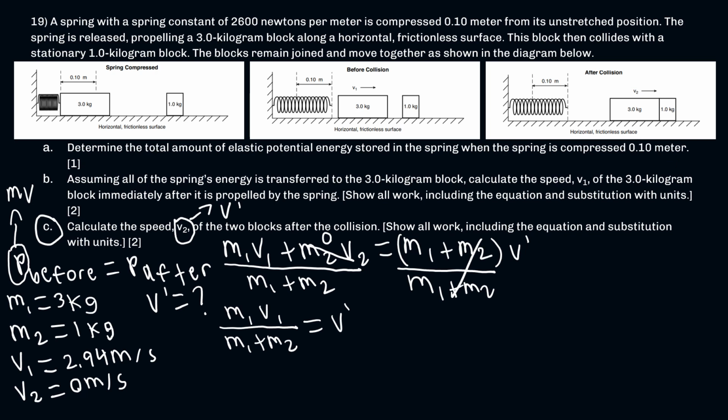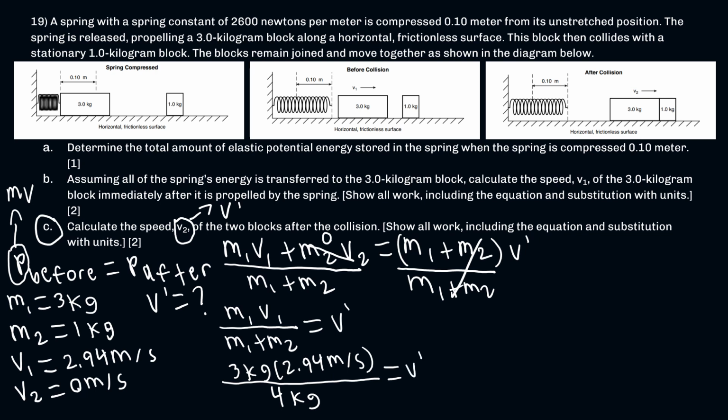My mass is going to be 3 kilograms, that is M1, times my velocity, which is going to be 2.94 meters per second, all over M1 plus M2. It's really 3 plus 1, so I'm going to write it out as 4 kilograms. So that's what I'm going to have here first.